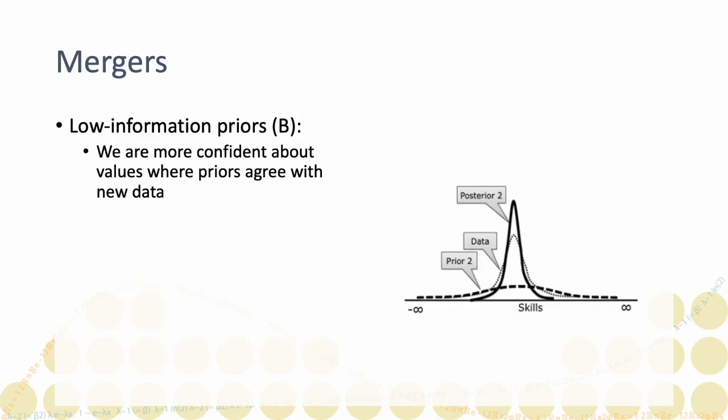When we have low information priors, the reconciliation of the two probability distributions produces a posterior distribution that is largely biased by the new observations, but we are more confident about the values where the priors agree with the new data. So we see the PPI has a higher peak where the priors also predicted the most likely values.